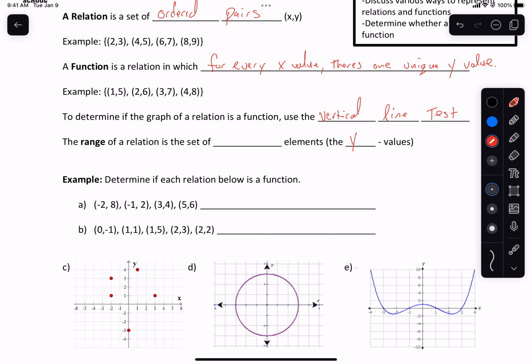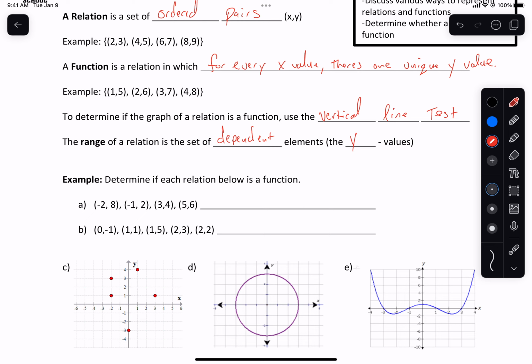Do you know what the y values are? Ricky? They're the dependent ones, right? So the independent variable we always put along the x-axis, and the dependent variable, the one that depends on the independent one, goes on the y, right? So the dependent variables are the y values.